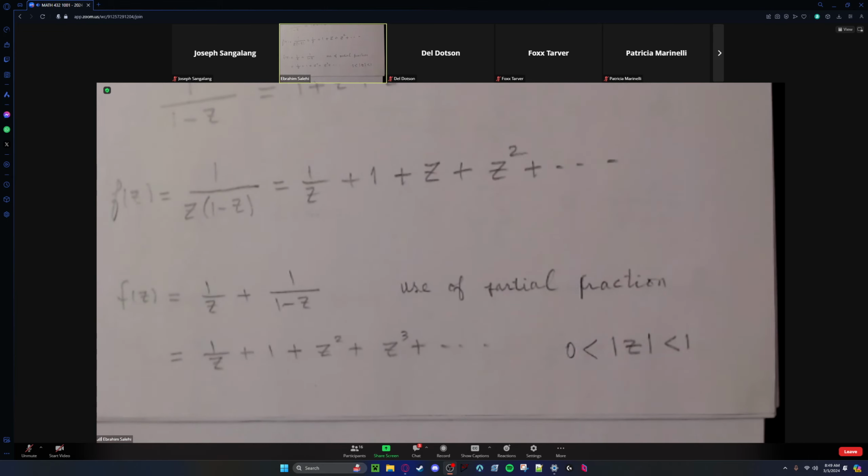So this is the function. This is the second method that I thought you might also apply. But you only need to learn one of those techniques. If you're good at partial fractions, why not do it that way? Any question about this particular example?